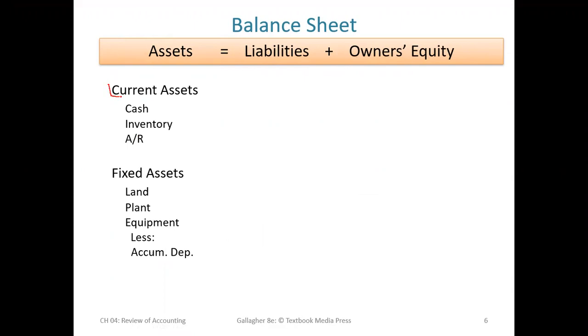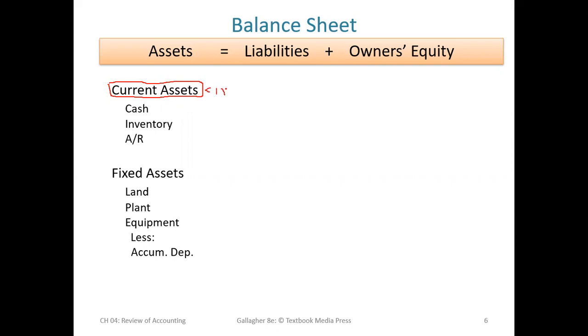The current asset part is pretty liquid, usually with maturity no more than 1 year. So it's a current asset, we call them working assets. Working capital is less than 1 year.